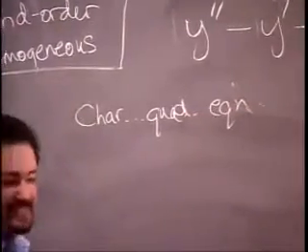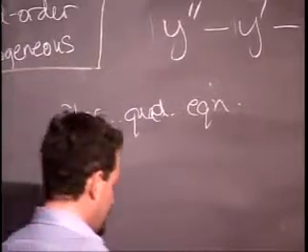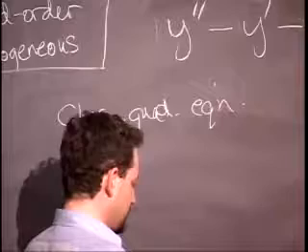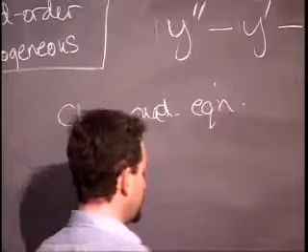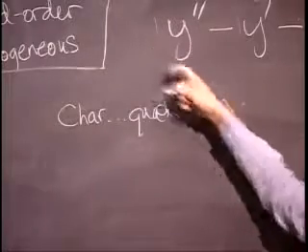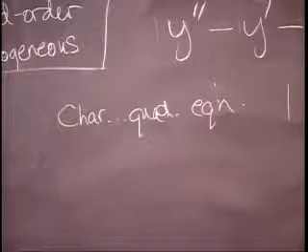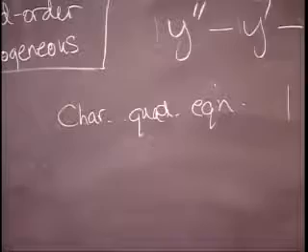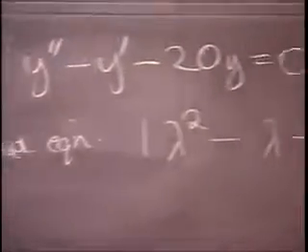It's a weird thing to do, but I don't remember which variable I used for this in my book. I'm going to use a lambda, just to be difficult. I take the coefficient 1, and I write 1 lambda squared. I take the coefficient minus 1, I write minus 1 lambda, and then I take the coefficient minus 20, and I write minus 20 equals 0.